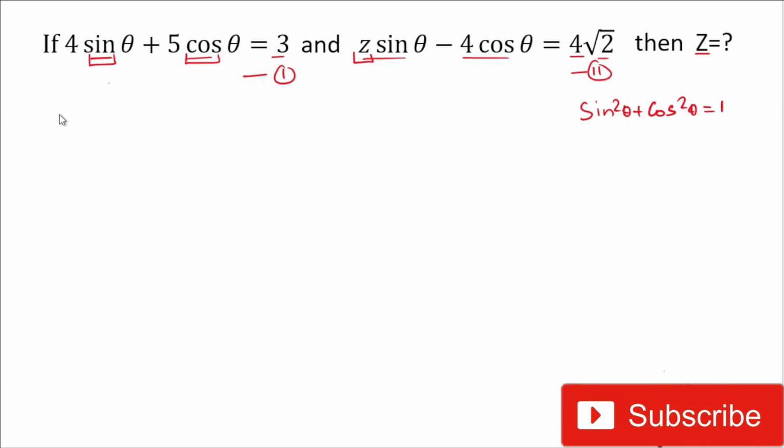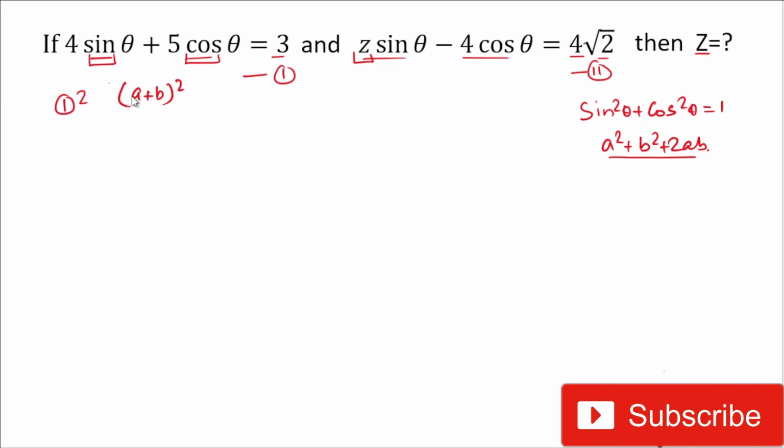For that, our first step will be to square equation 1. It is in the form a plus b, and the formula for a plus b whole square is a square plus b square plus 2ab. Here a is 4 sine theta and b is 5 cos theta.